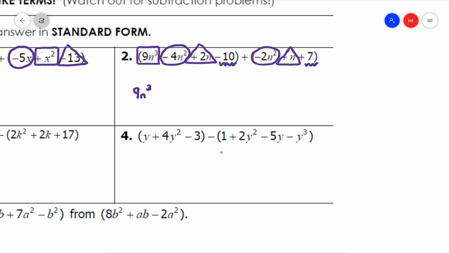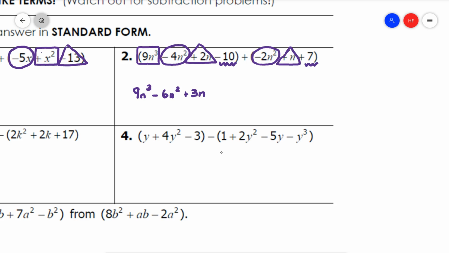I'm not combining it with anything. My next highest exponent is a 2, and I have negative 4 and negative 2, so negative 4 minus 2 gives me negative 6n squared. And then the next one would be the n's. So 2n plus n gives me 3n.